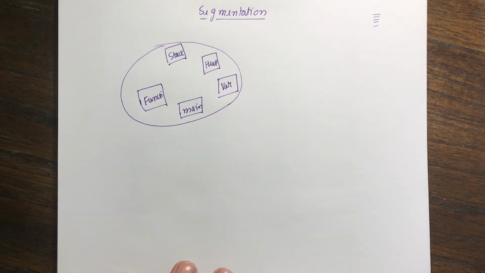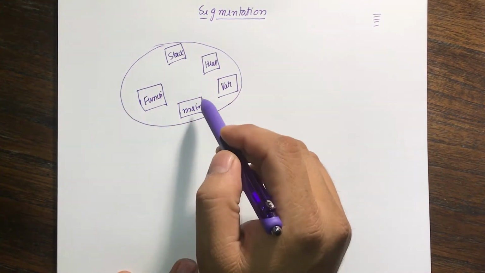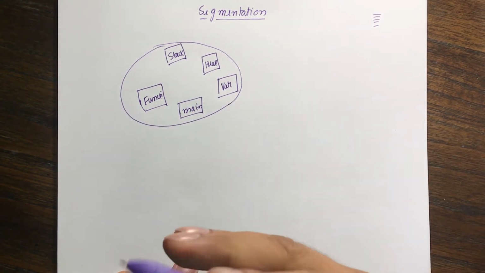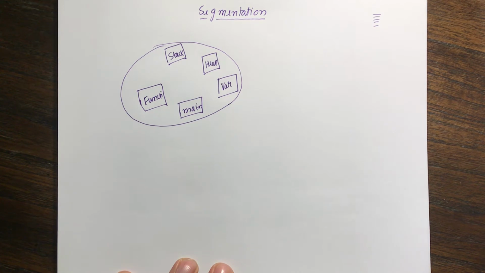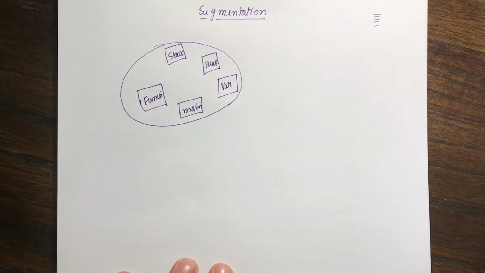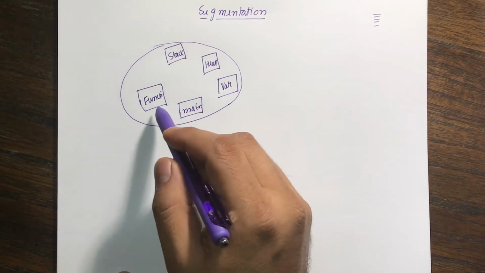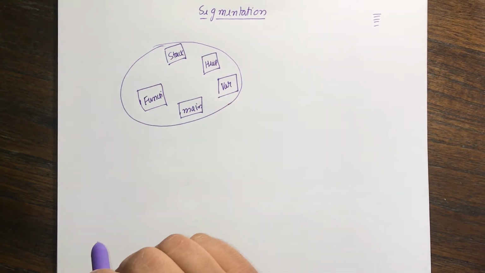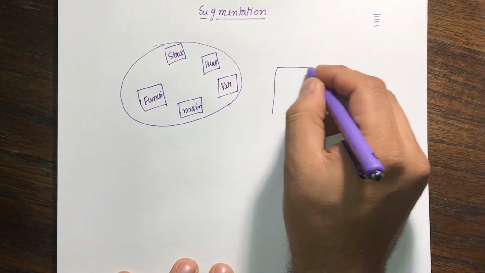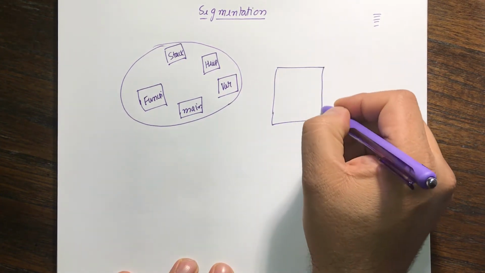So instead of taking this program and trying to figure out a sequential way in which we can arrange it and put it inside the main memory, what you do is you make these different segments of your program. This program will have a segment table.